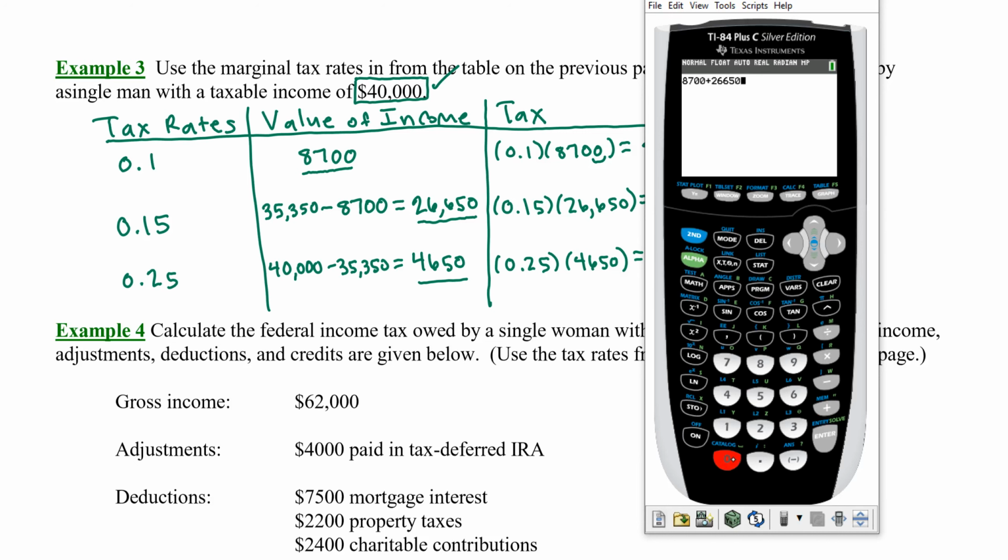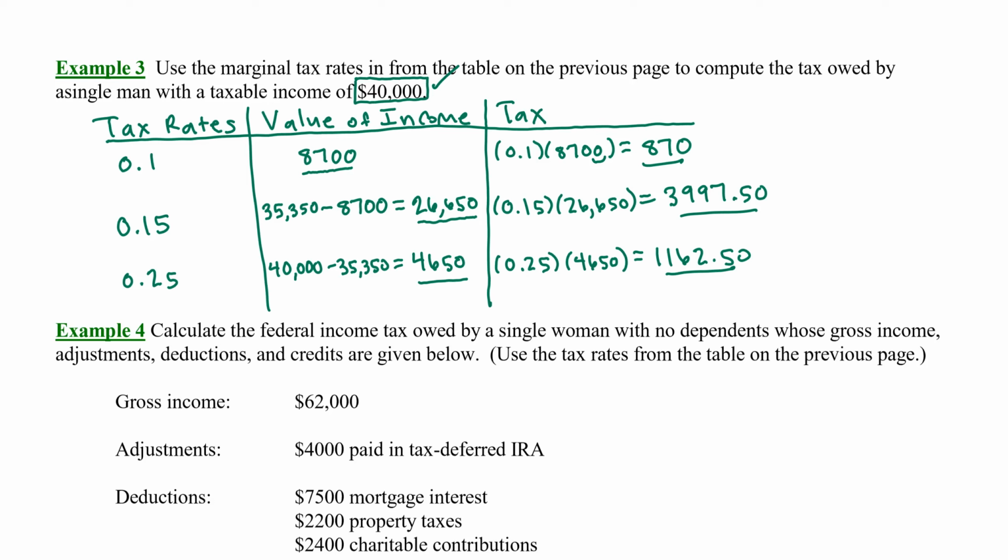Now, to figure out how much tax he owes, we're actually going to sum all of those tax calculations. So let's add the $870, the $3,997.50, the $1,162.50. So all of those tax calculations give us a total of $6,030. Okay, so when we sum all of these, we get $6,030.